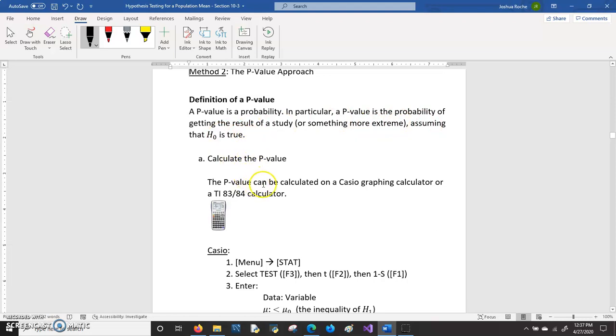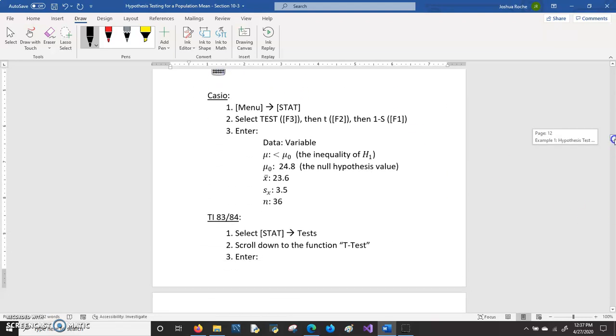To calculate that p-value, you can do that on a Casio graphing calculator or on the TI-83 or 84 calculator. In these notes are the steps for what you would do on each kind of calculator.